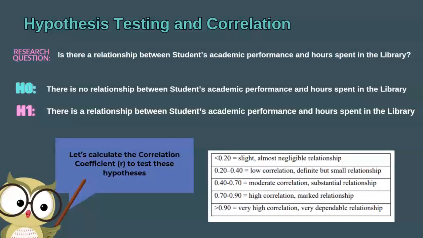Okay, we have a mix of answers, so let's go back to the reasoning. The dependent variable depends on the independent variable. So the correct answer is the dependent variable is academic performance, and the independent variable is hours spent in the library. Does that make sense? Or am I confusing myself now?